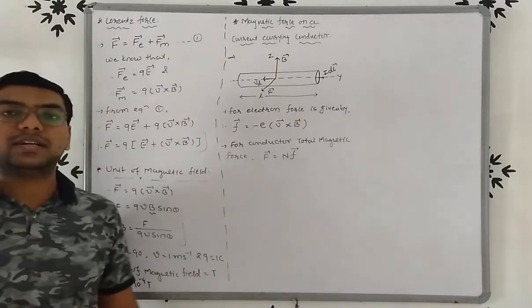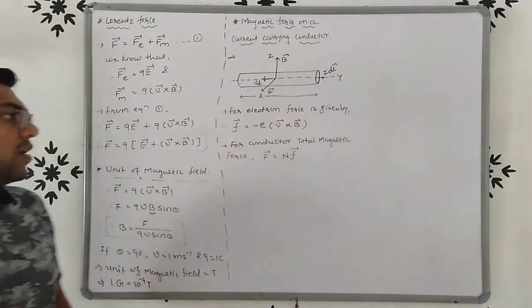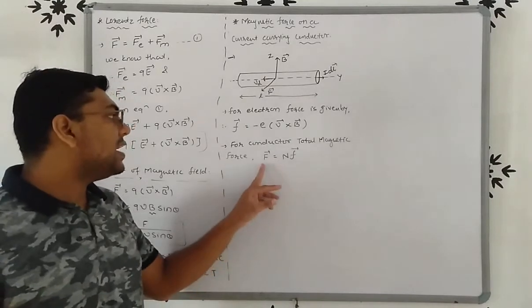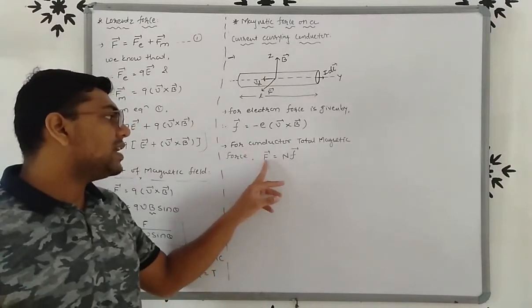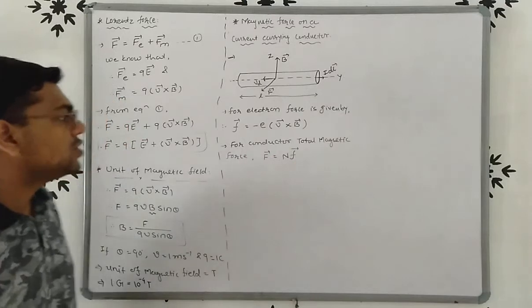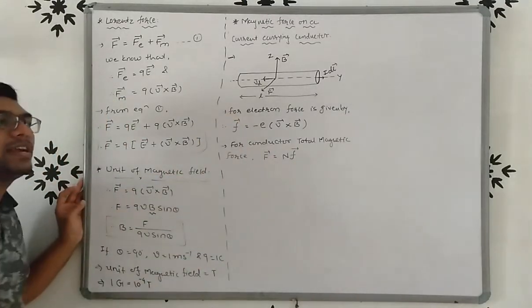Because the conductor has N number of electrons, so we can easily write vector F is equal to N into small f, that is force on one electron.